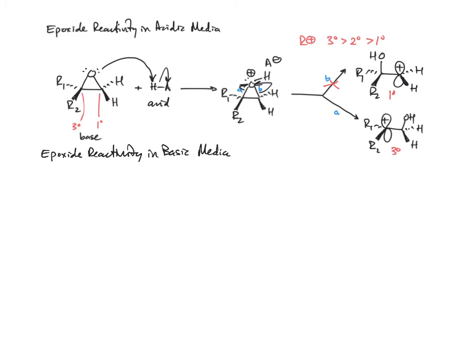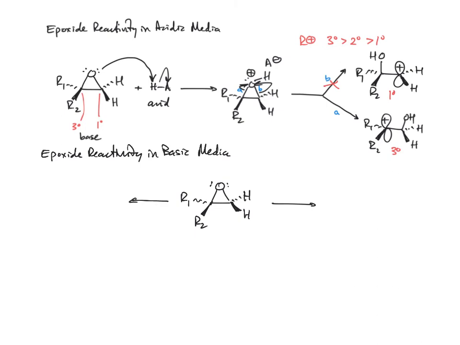So if we're looking at that other epoxide we started with from above, now I'm going to draw it in the middle. So I'm going to draw two routes going this way.